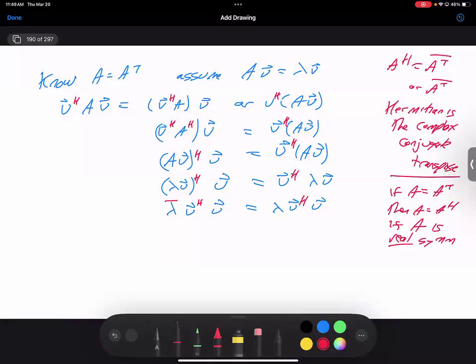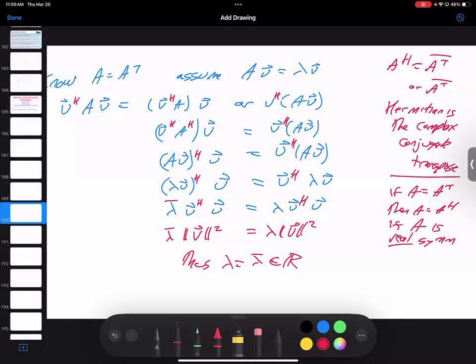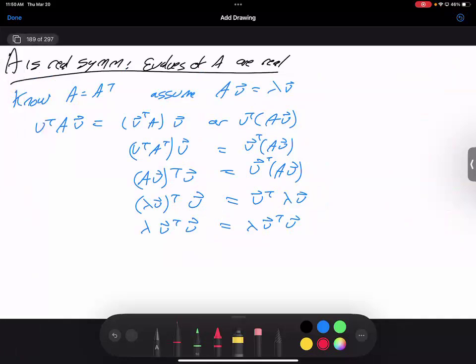And so I'm left with the complex conjugate of lambda times the length of V squared equals lambda times the length of V squared. Thus, lambda equals lambda bar, which means it has to be real. So what went wrong with this earlier argument?